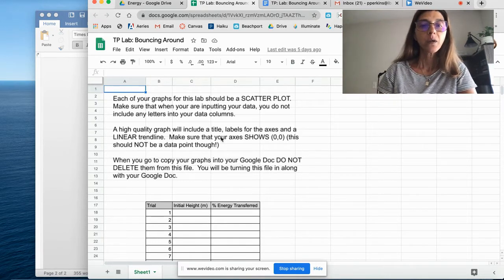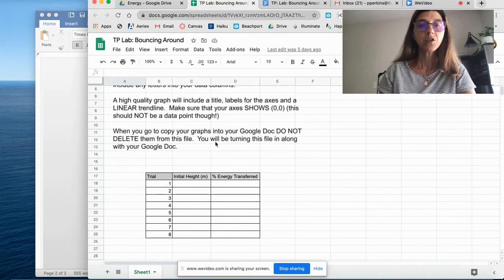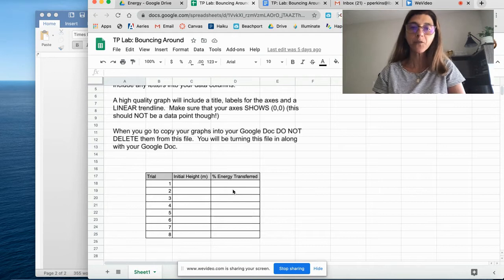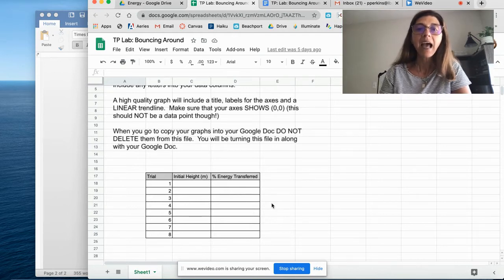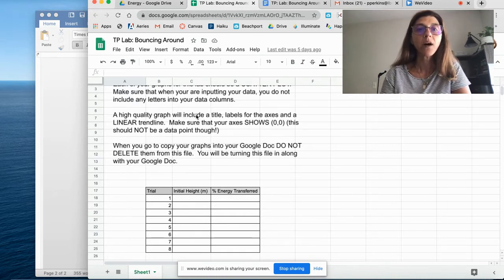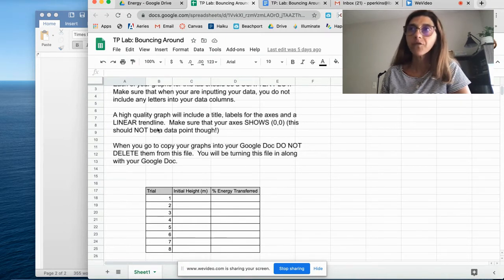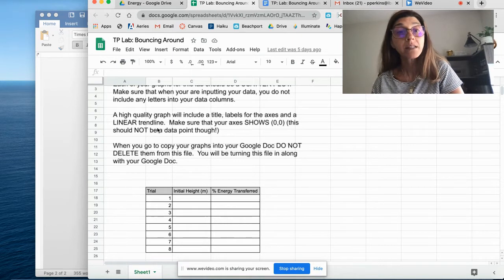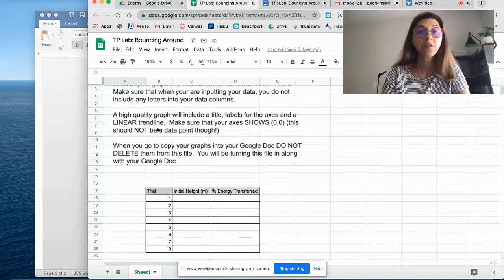Here, you will input your initial height and the percent energy that was transferred from your calculations page, and you will make a graph. Remember that a high quality graph will include a title, labels for the axes, a linear trend line. So don't forget, you're going to do a scatter plot and then make a linear trend line.